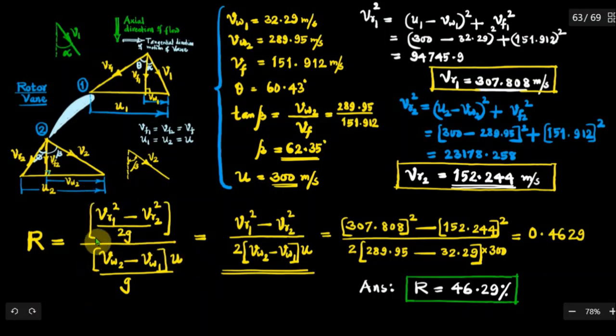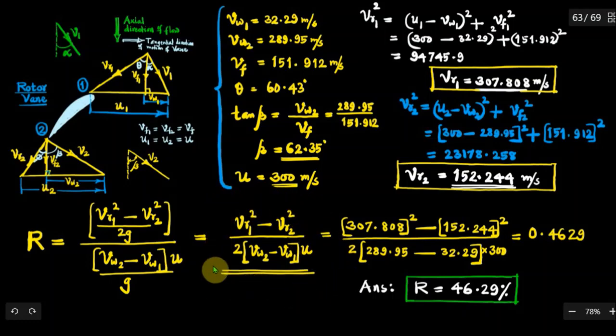And what is in the numerator? Vr1 square minus Vr2 square by 2g, that is the rise in static pressure in the rotor stage. This expression we have discussed already. So R is equal to Vr1 square minus Vr2 square divided by 2 into Vw2 minus Vw1 into U. Why do we substitute this relation here?